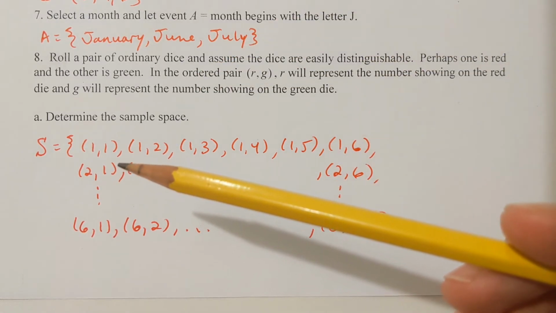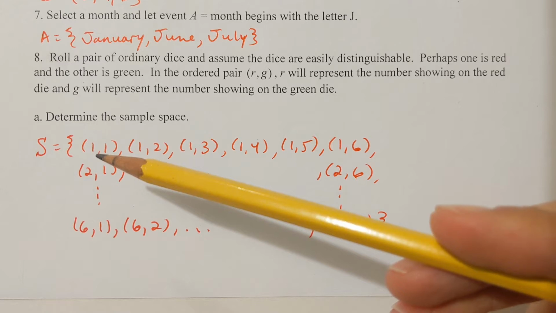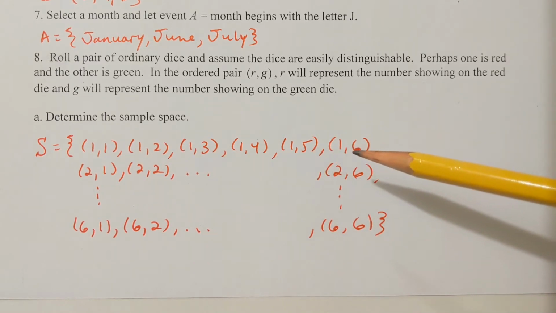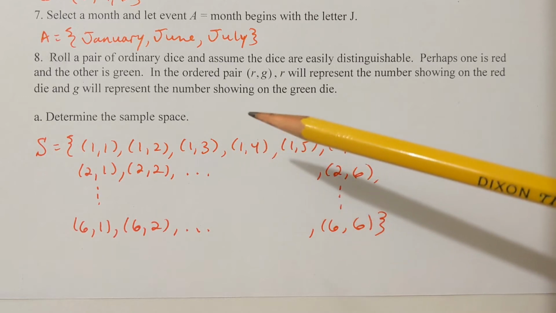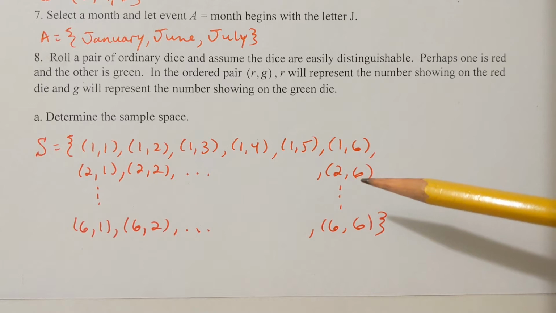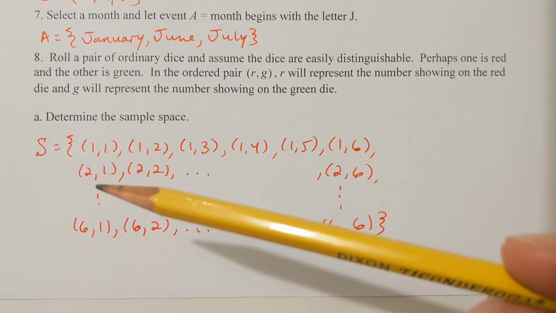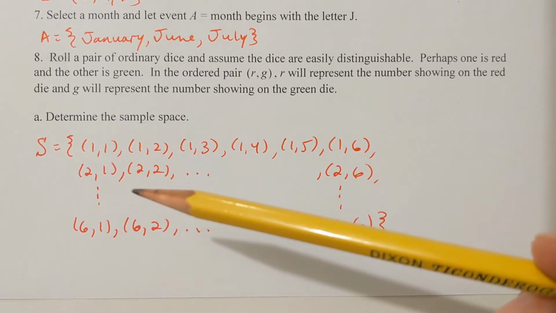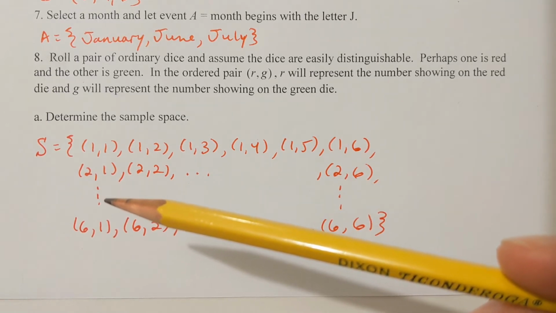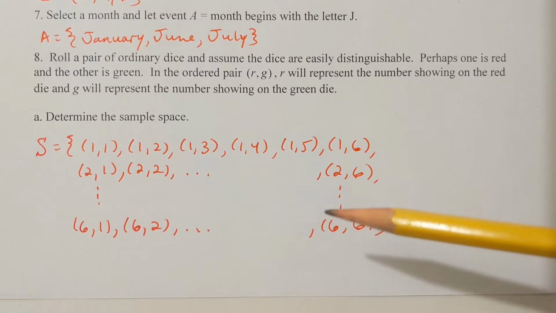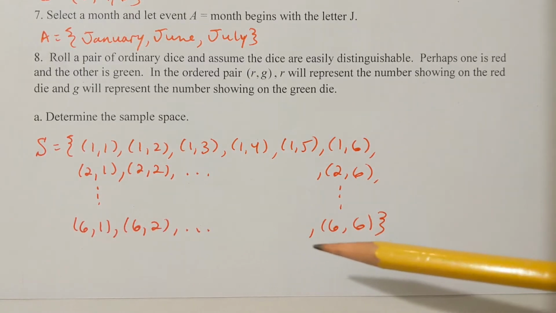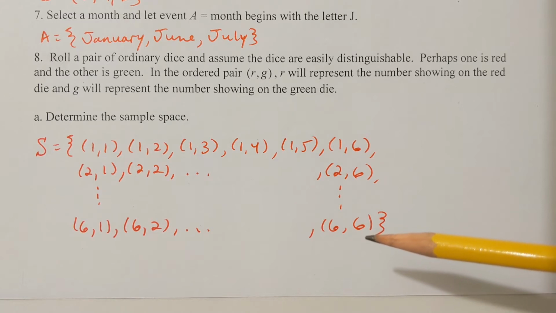So starting with the red die, what if you roll a 1? Okay, 1,1; 1,2; 1,3; 1,4; 1,5; 1,6. And then what if you roll a 2 on the red die? 2,1; 2,2; 2,3, etc., all up to 2,6. And then a 3 on the red die, so 3,1; 3,2, etc., up to 3,6. Then 4,1 through 4,6; 5,1 through 5,6; 6,1; 6,2; 6,3, all the way up to 6,6.